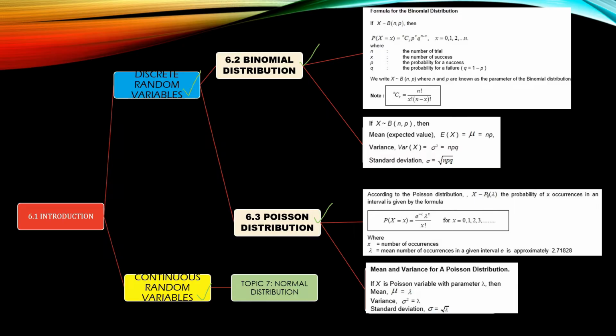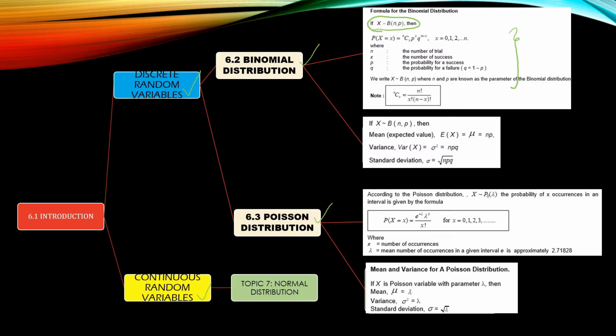Furthermore, under 6.2 binomial distribution, you will learn how to define binomial distribution, where we can write X distributed as B(n, p). So these are the information that you need to know in binomial distribution.